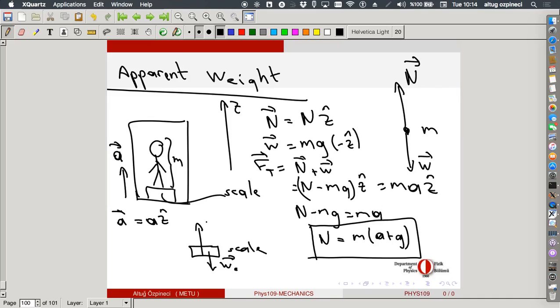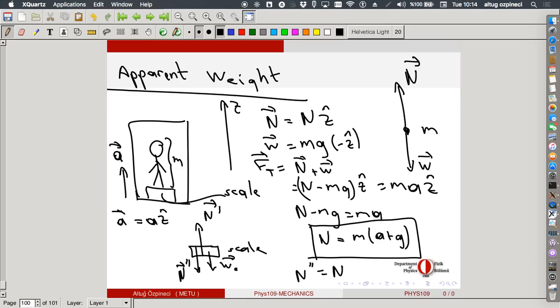There is a force due to the elevator. Let's call this N prime. And there is a force exerted by the man. Let's call it N double prime. Now the magnitude of this N double prime is equal to N.